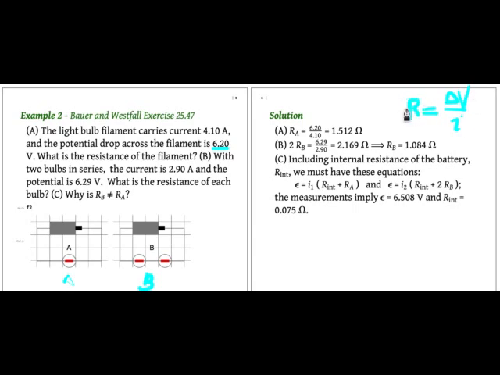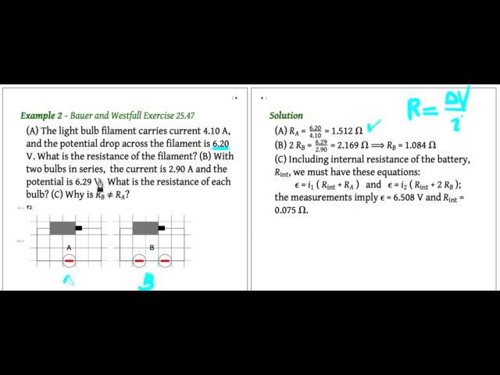Well, if you rewrite the relationship this way, R is delta V over I. And so you calculate these numbers, you get 1.512 ohms. So that's the answer for A.